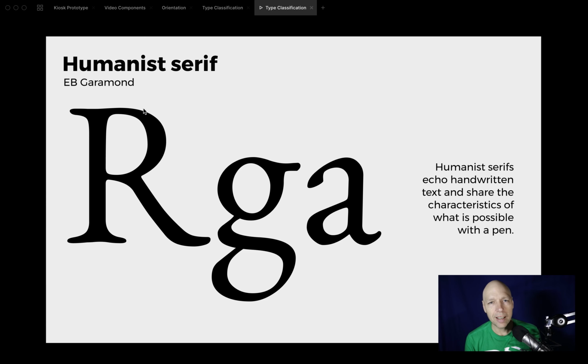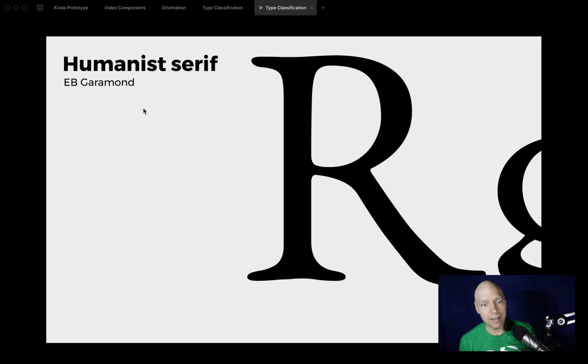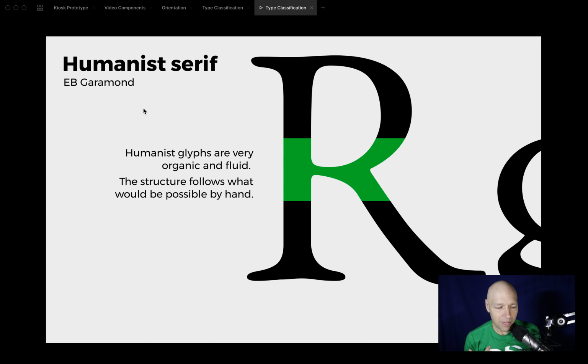One of the things that I love about being able to do a presentation on this is, unlike a book which is kind of constrained by size, I can actually blow this thing up to 1,000 pixels in size. So when we begin to zoom in here, if you look at the structure of this R, it's extremely fluid. It looks like a hand has been involved in creating it.